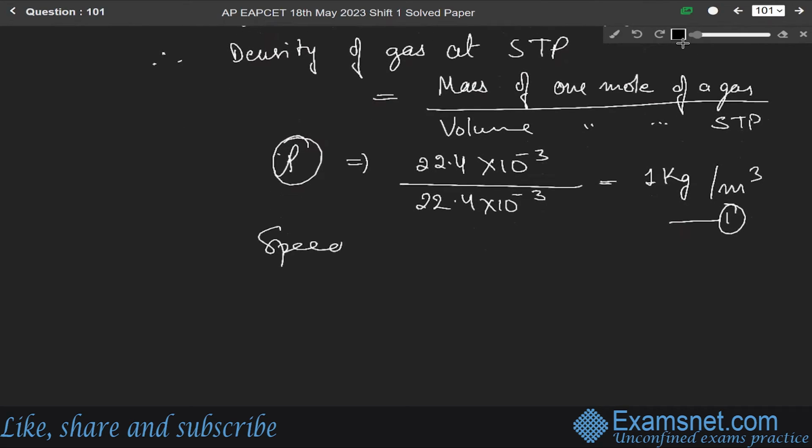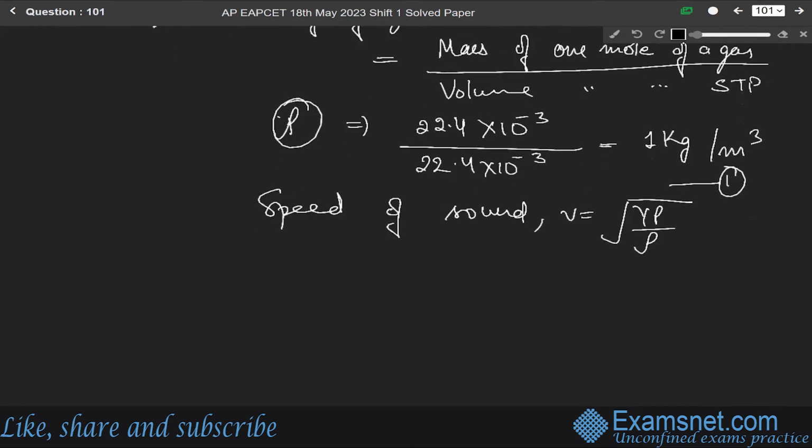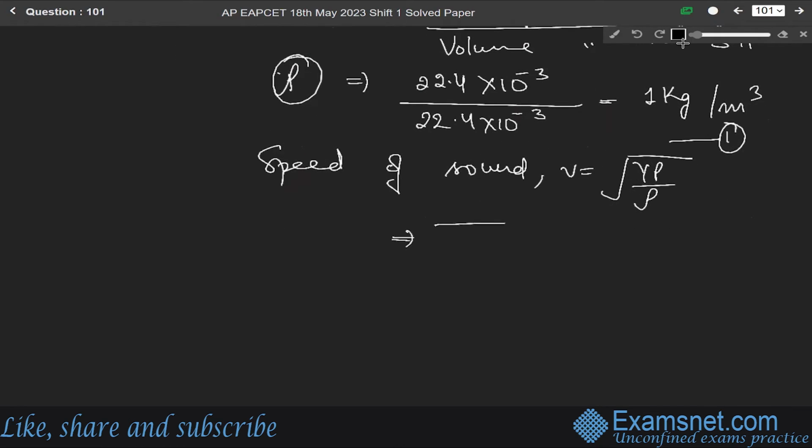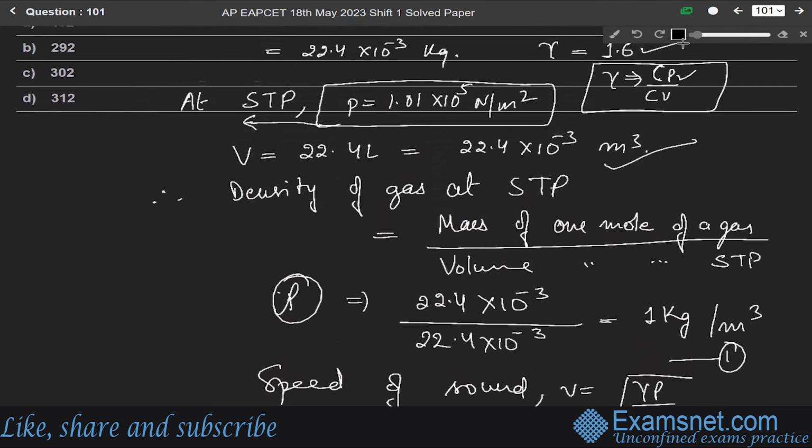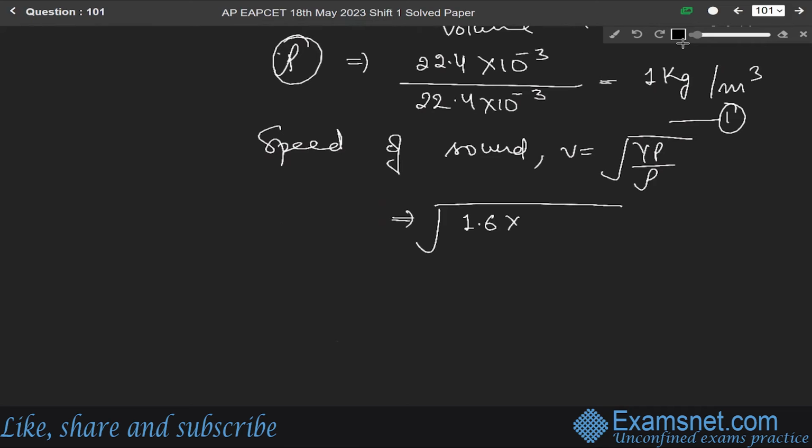Now, speed of sound, as asked in the question, has a direct formula: under root of gamma into P over density. So it will be equal to under root of gamma, given as 1.6, and pressure 1.01 into 10 to the power 5, over density, and density comes out to be 1.